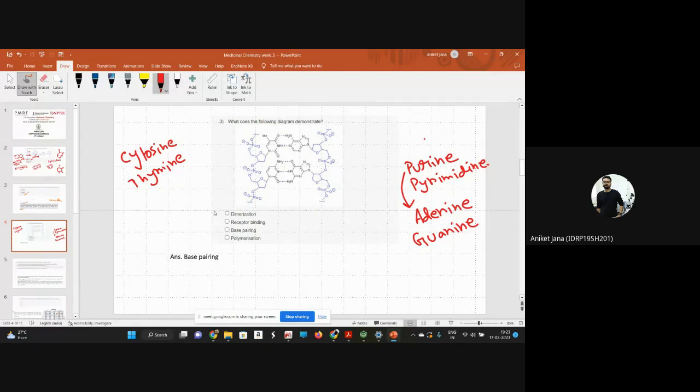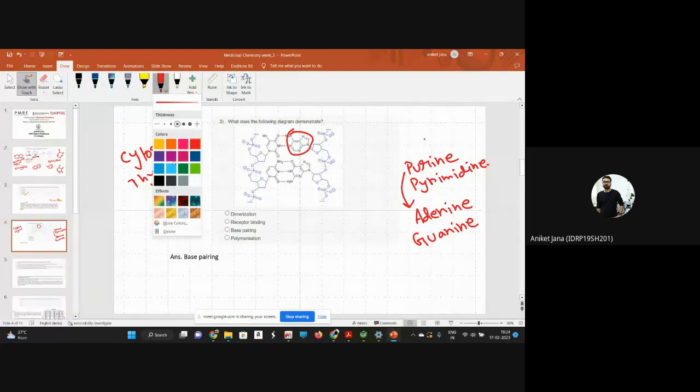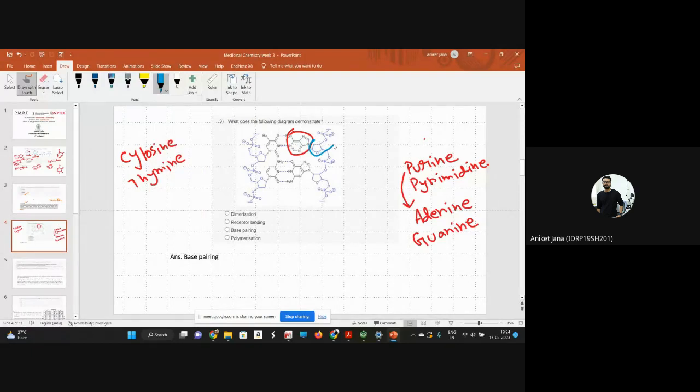In DNA, you are aware of the structure of the DNA. This one is called the base, right? And this five-membered ring, what is this called? The sugar moiety.